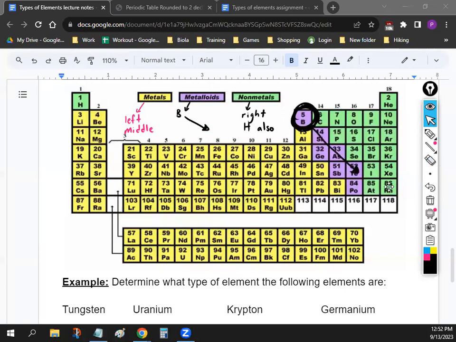Okay, now I'm going to give you guys a little cheat you guys can use while you're in this class. If you're ever taking a test and you need to know if something is a metalloid, you guys can look right up there to your top right. Do you guys see the periodic table hanging from the wall? If you look where the metalloids are, so find boron on the metalloids. You guys see that little gray staircase thing?